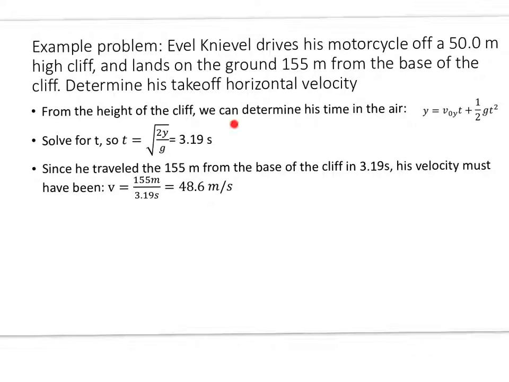Okay, now since those x and y components are independent of one another, from the height of the cliff, we can calculate what his time in the air is, because it would be the same as the free fall time. And we can use the formula y equals v0y t plus 1/2 g t squared.